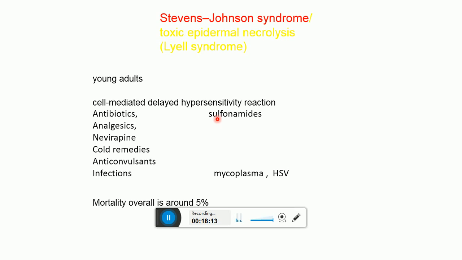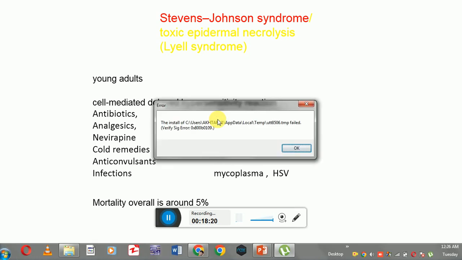Toxic epidermal necrolysis, a severe variant of Stevens-Johnson syndrome, tends to occur in young adults. There is a cell-mediated delayed hypersensitivity reaction.